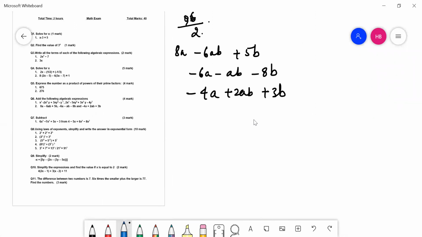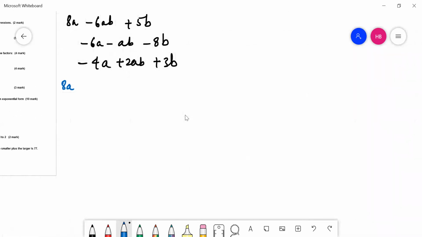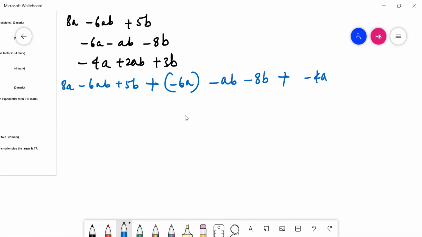So how can I write it together? It would be 8a minus 6ab plus 5b, plus sign because we are adding them, minus 6a minus ab minus 8b, plus minus 4a plus 2ab plus 3b, right? I can see that there are three variable terms here: one which contains a, one which contains ab and one which contains b.